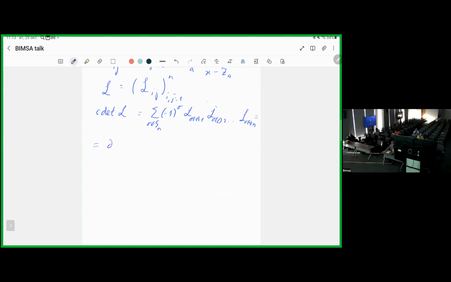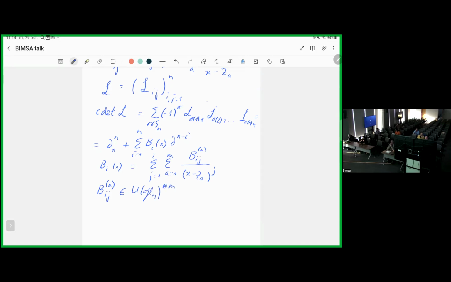So I can expand it like this: derivative to the power n, plus coefficients b_i(x) times the derivative to the power n minus i, where i runs from 1 to n, and the b_i are given by sums of coefficients, some residues over (x minus z_a) to the power j, where these elements b_ij^a are some elements in U(gl_n) to the tensor power m.